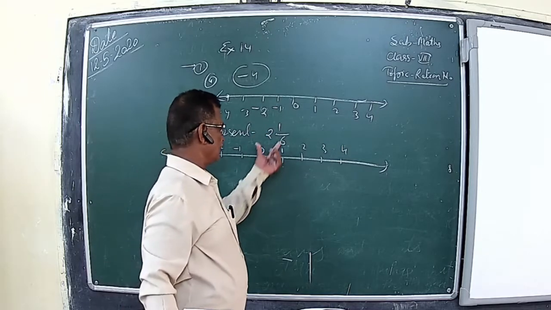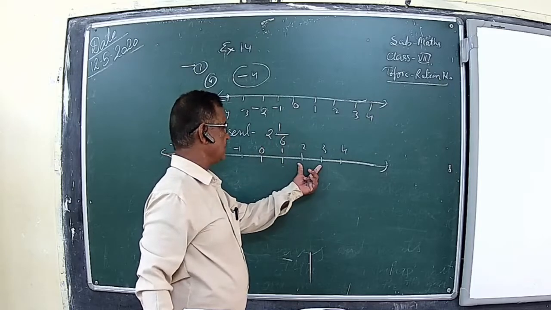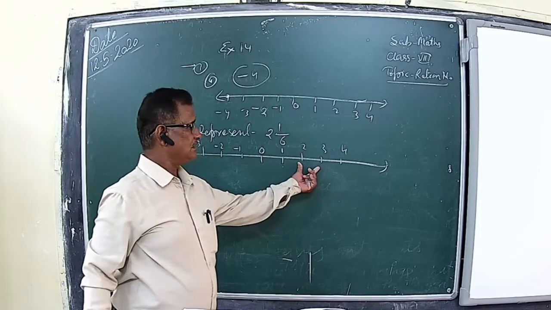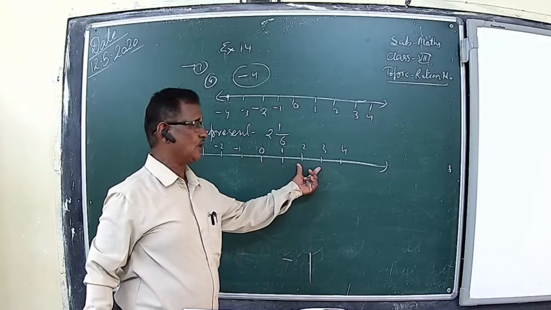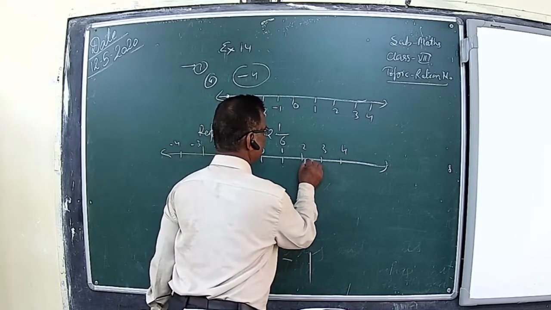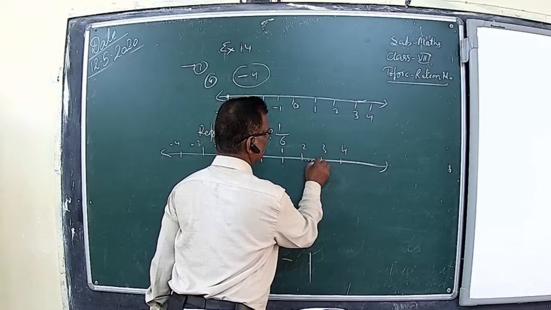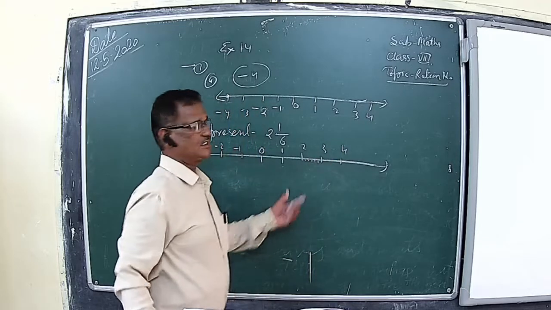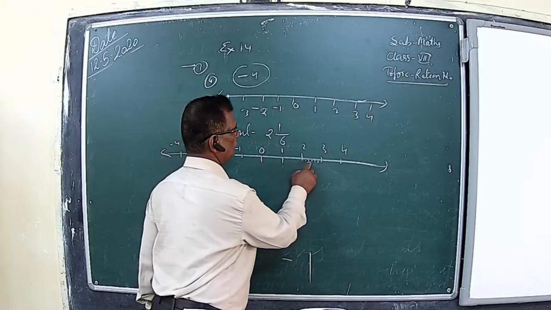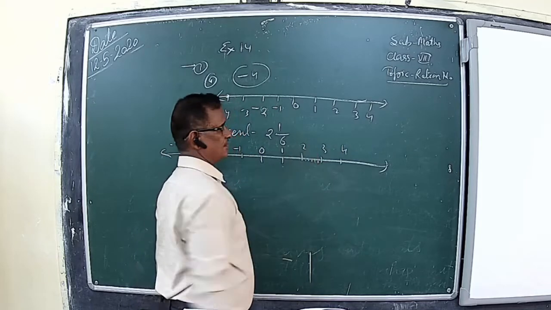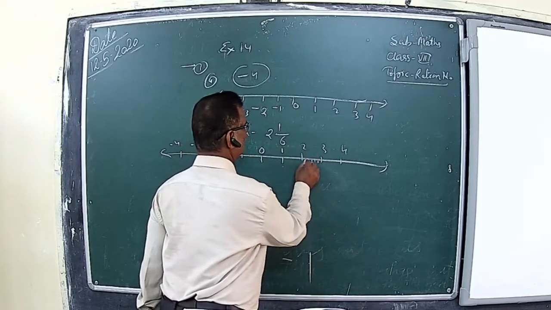You see boys, 2 whole 1 upon 6 lies between 2 and 3. This division is divided into 6 equal parts: 1, 2, 3, 4, 5, 6. You count here, one part you take.